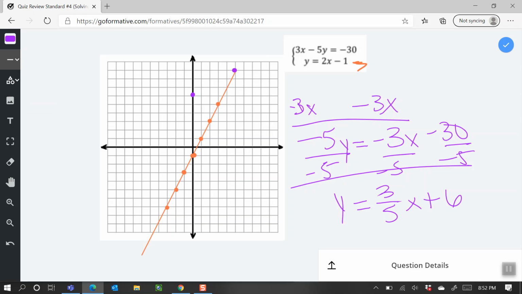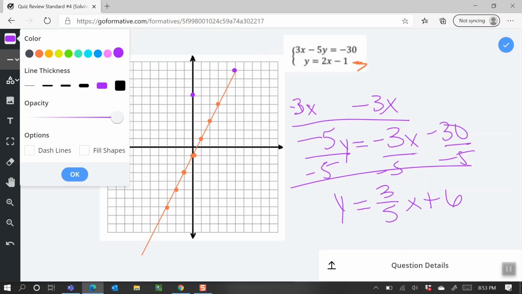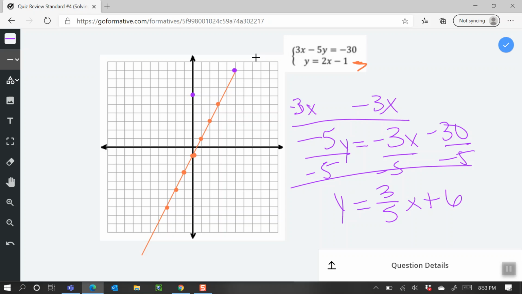Since I already connected, I'm just going to draw my line correctly. And that point, counting 1, 2, 3, 4, 5, 9.